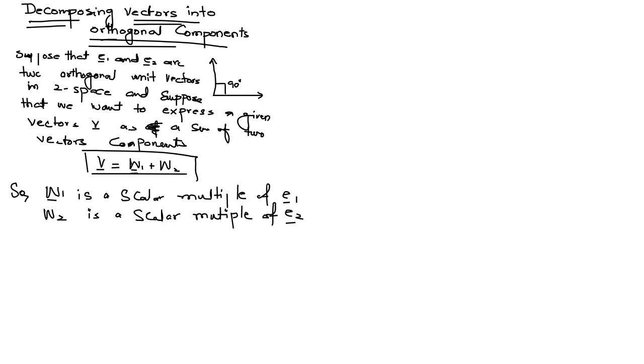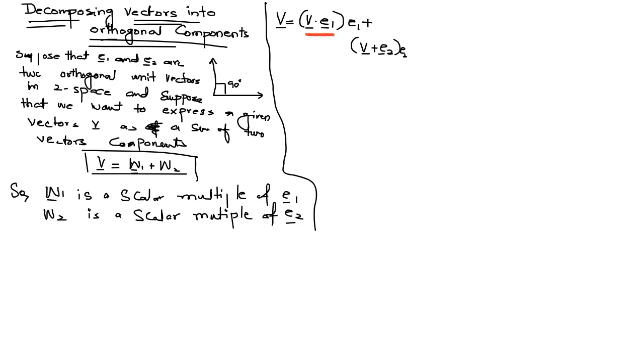What is meant by this? That vector v is equal to (v dot e1) times e1 plus (v dot e2) times e2. The dot product of two vectors gives you a scalar.